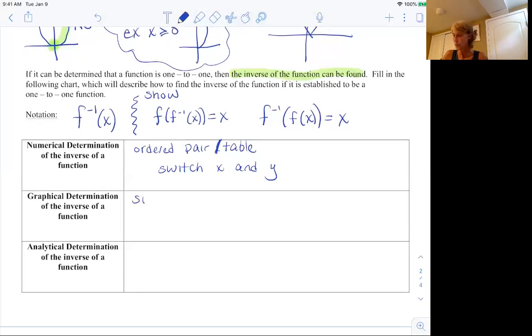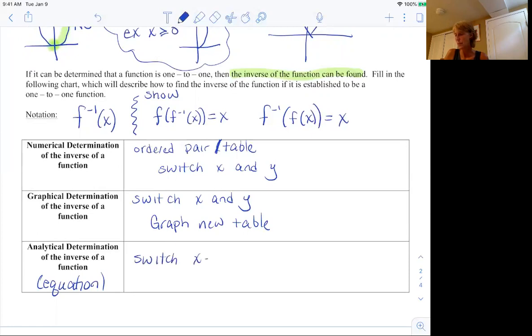Graphical, we switch x and y, and then we graph our new table. And for the analytical, this means when you're asked to write the equation. When we want to come up with an equation for an inverse, we're going to switch x and y, and then we're going to solve for y. The equation we get will be what we consider our inverse function.